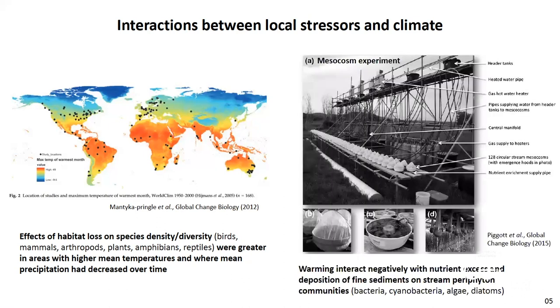Here you have another example, a study by Piggott and collaborators, who studied a stream-side mesocosm experiment, where the authors were able to manipulate different stressors such as water temperature, deposition of fine sediments, and also, I don't remember what else they used, and they changed the nutrient excess.